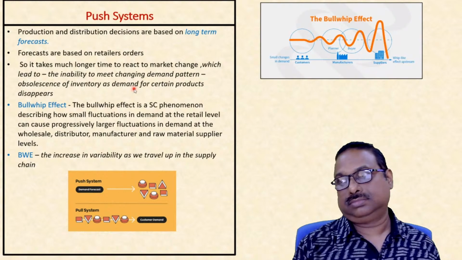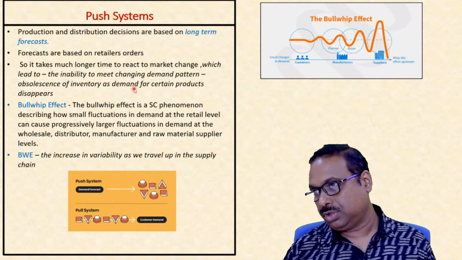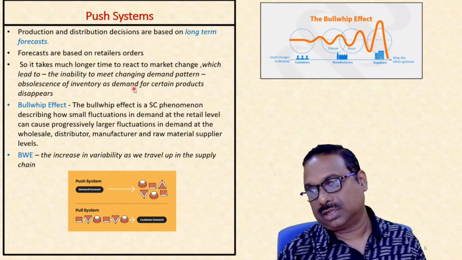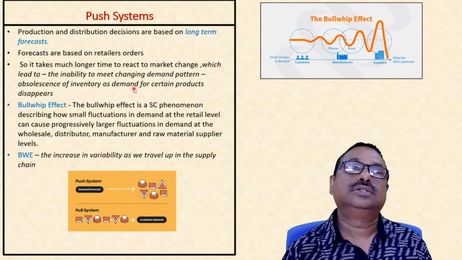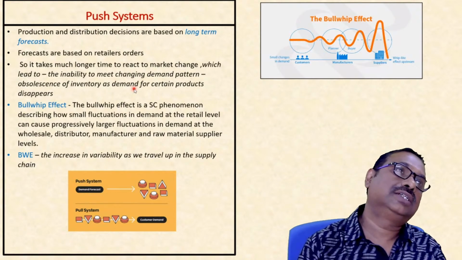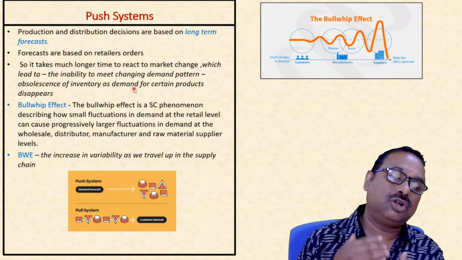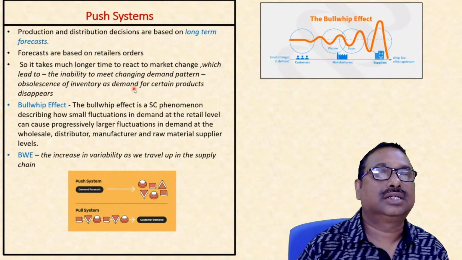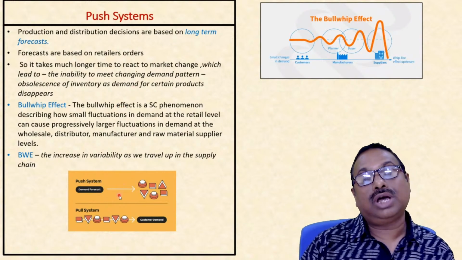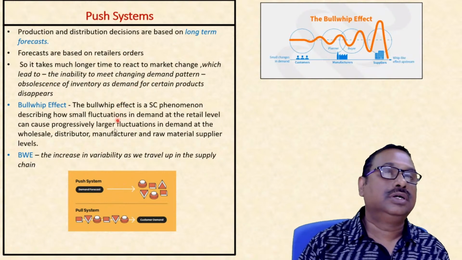Suppose before the cricket one day World Cup final, how many people forecasted that Australia would win? So forecasting is always associated with error. That is why you have problems in push system.